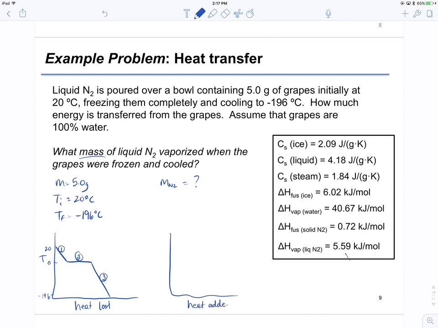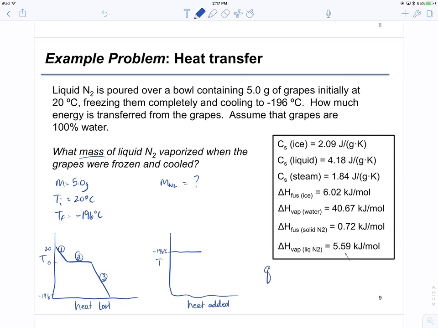According to the first law of thermodynamics, energy is conserved. So we have this transfer of heat energy from the system to the surroundings. And since liquid nitrogen is boiling at negative 196 degrees Celsius, that vaporization phase will maintain constant temperature as heat is taken from those grapes.